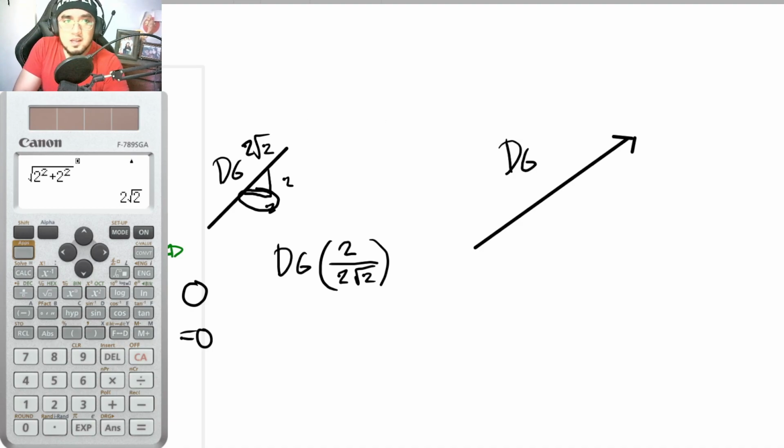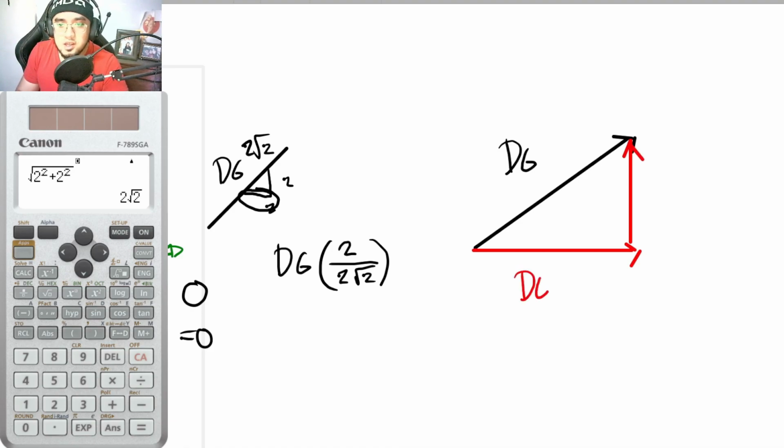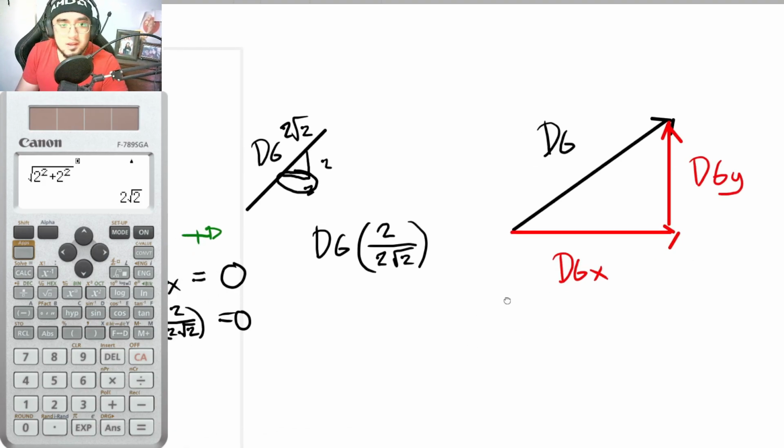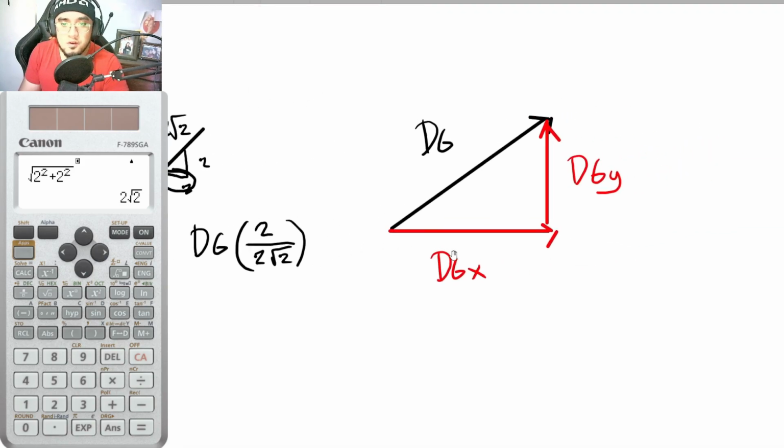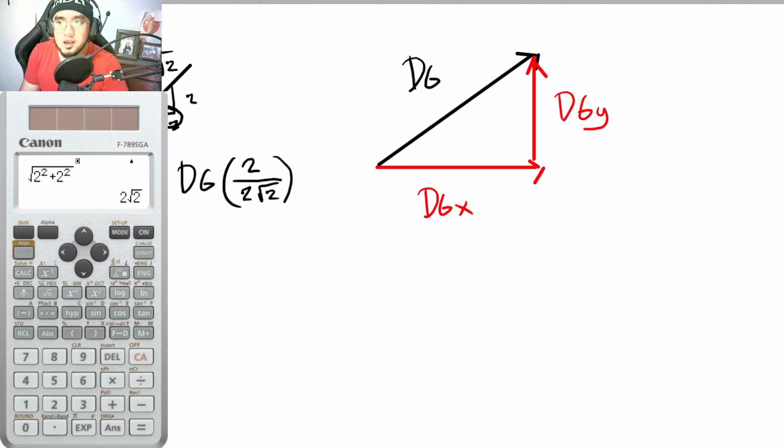Bar force DG has its own horizontal component and also its vertical component. Let's say that this is DGX and this is DGY. In this case, what I am solving for here is DGX. How can you solve for DGX? Suppose that we have a certain angle theta here. From your trigonometry, SOHCAHTOA.